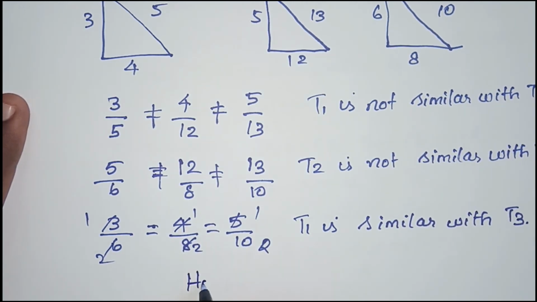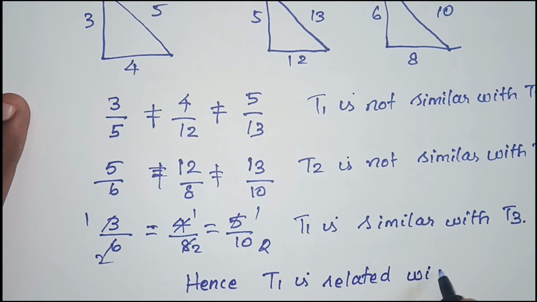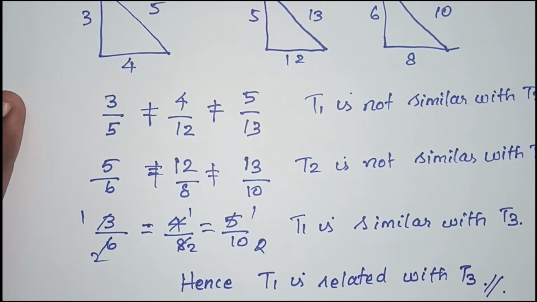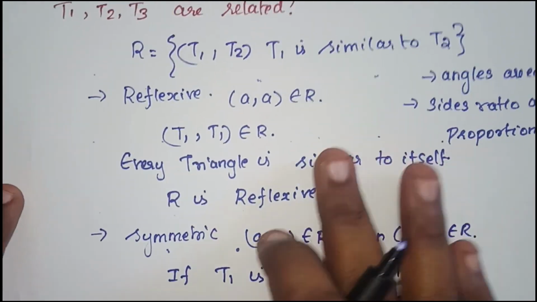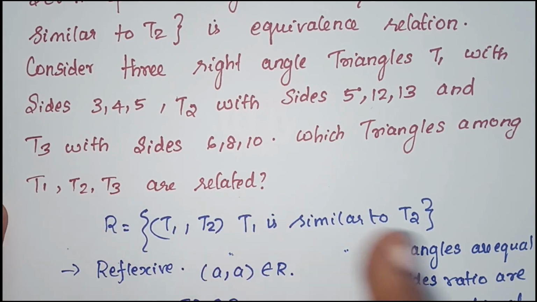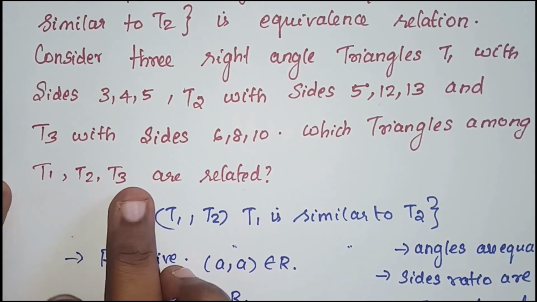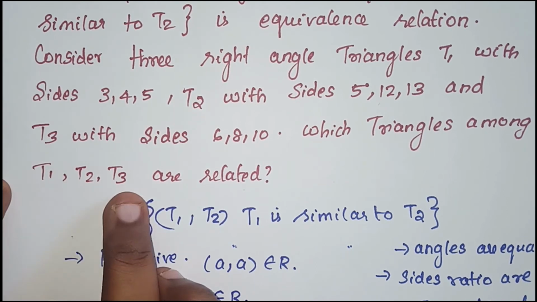Hence T1 is related with T3. In this question, which triangles among T1, T2, T3 are related? T1 and T3 are related because these two triangles are similar.